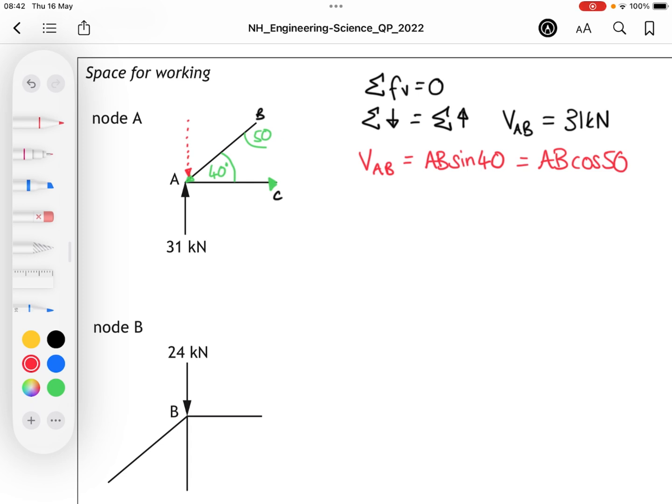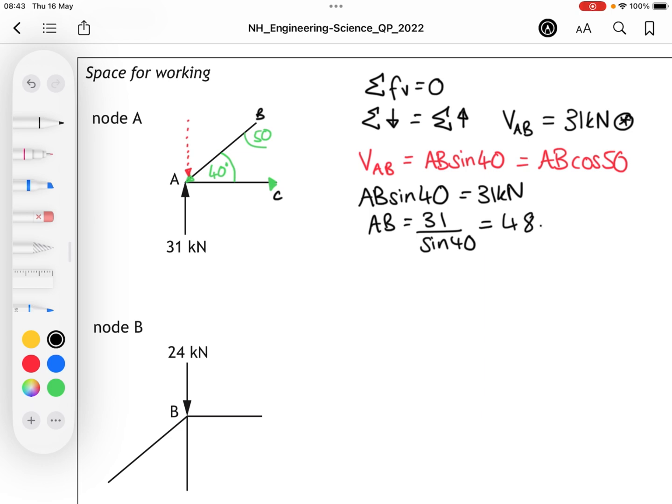So popping that back into this bit here, that means that I can say the vertical component of AB, I'm going to use AB sine 40, is equal to 31 kilonewtons, and that means that AB is equal to 31 divided by sine 40, which gives me 48.2.